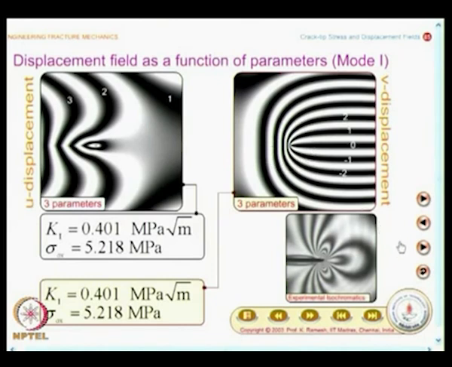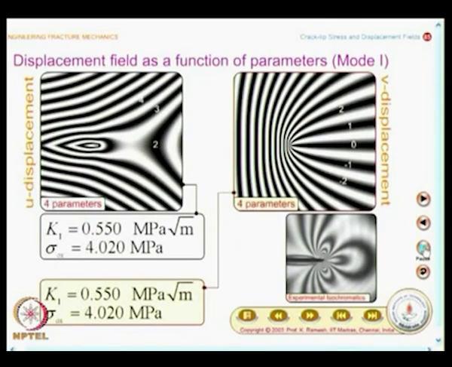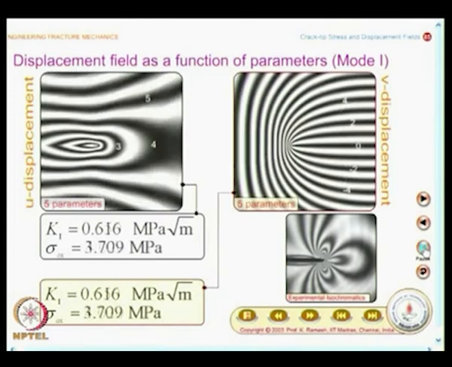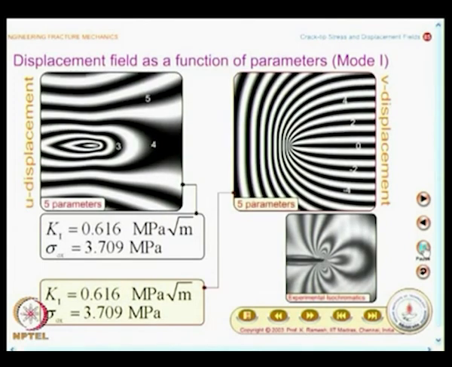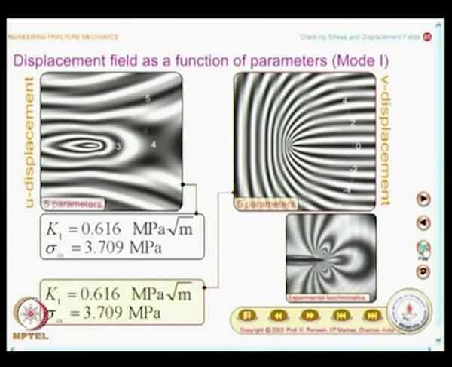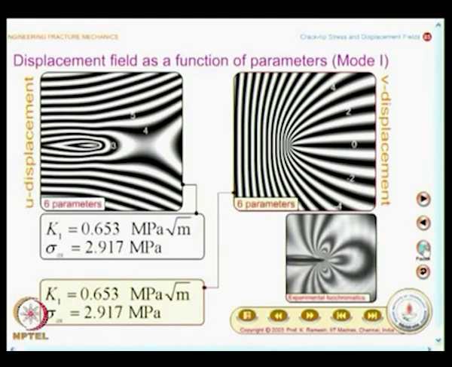Even here there are no visible changes in the fringe patterns, only the density changes. If the density increases, what happens is what you are having. For example, for the 6 parameter and 3 parameter, the number of fringes have increased, and here again the number of fringes have increased.